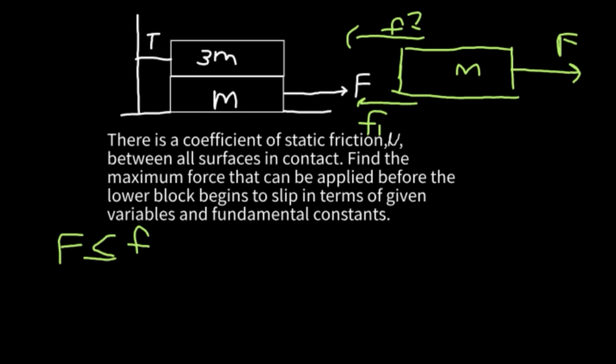It grows up to a maximum value, and then it transitions into kinetic friction, which is less than static friction. So before, when these blocks aren't slipping, as F grows, it's going to be less than f until eventually big F comes to equal little f. And that's what we want to solve for. And this would technically be the sum of the forces of friction. So we know that F is going to equal F1 plus F2.